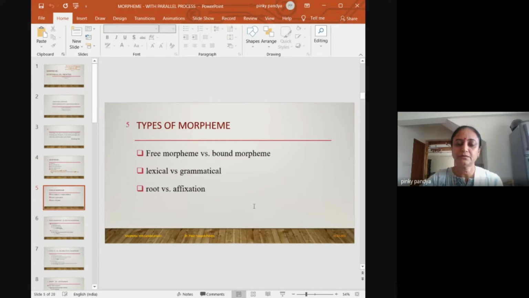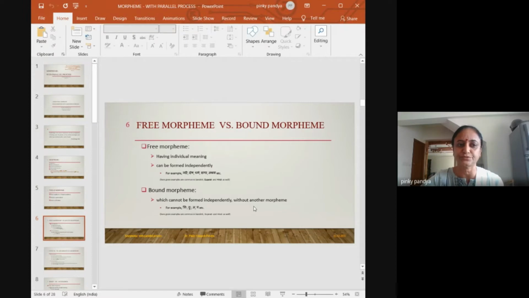When we look at the types of morpheme, we have different ways to bifurcate them, like free morpheme versus bound morpheme, lexical versus grammatical, or root versus affix. A free morpheme, as we know, has an individual meaning and can stand independently.